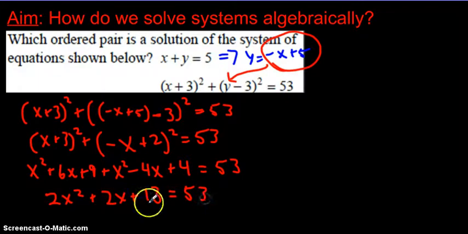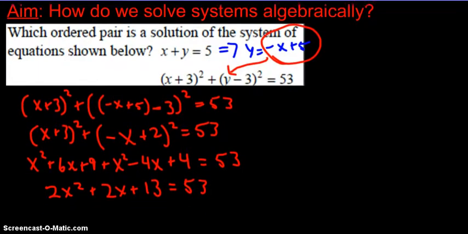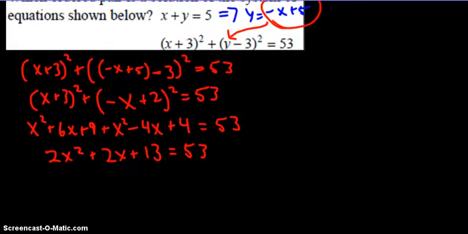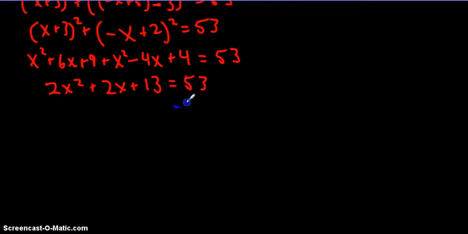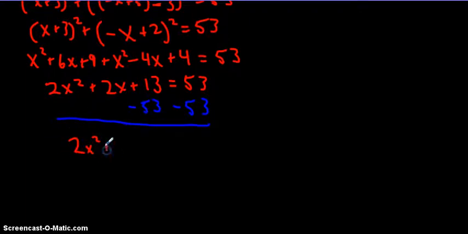I'm going to scroll down for space. Subtract 53 from both sides. This is a quadratic equation, so it makes sense to set it equal to 0. So that's 2x squared plus 2x minus 40 is equal to 0.